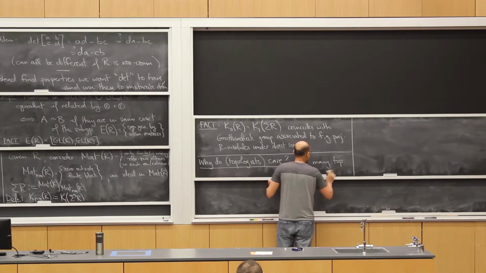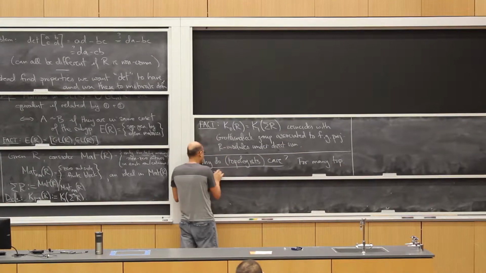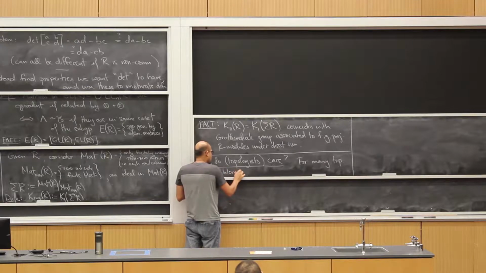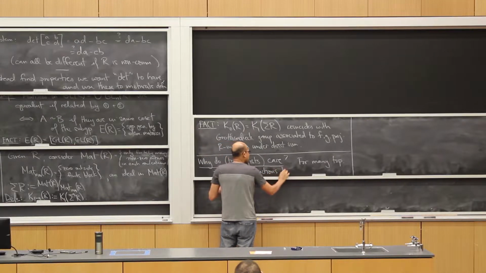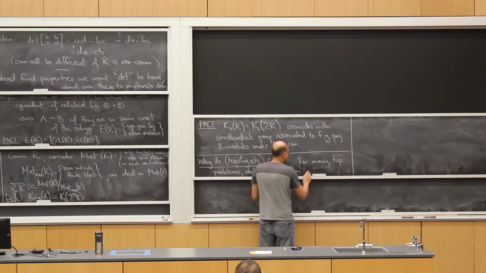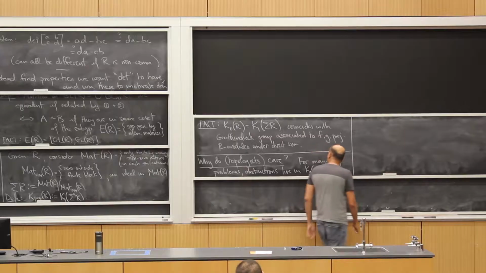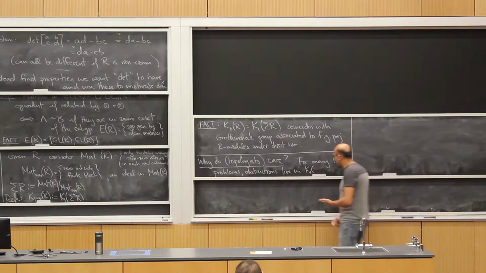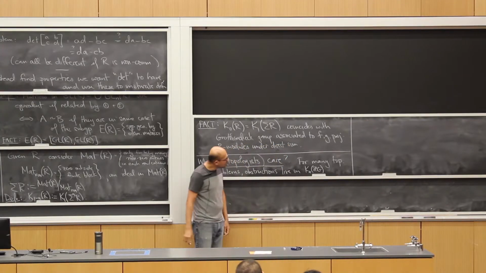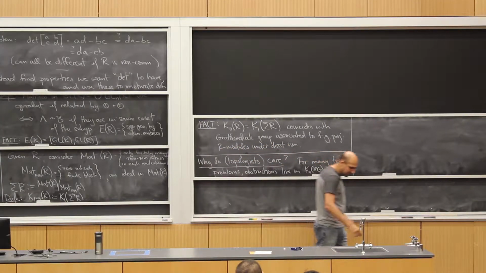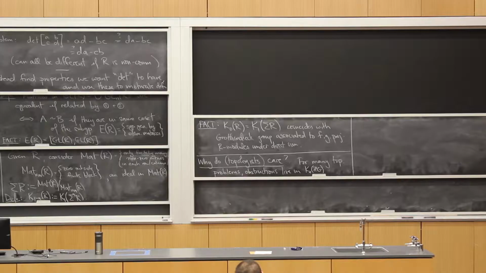So for many topological problems, obstructions live in the algebraic K-theory of some integral group ring, typically. And here, usually, G ends up being the fundamental group of the space you're studying.